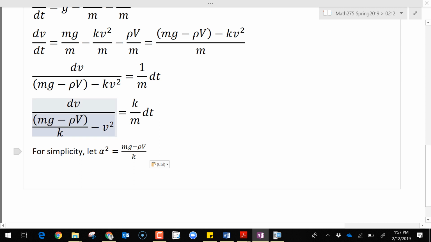For simplicity, they want you to just consider the mg minus rho V volume divided by k. So we're going to let that equal a squared so that we can integrate this thing easily.